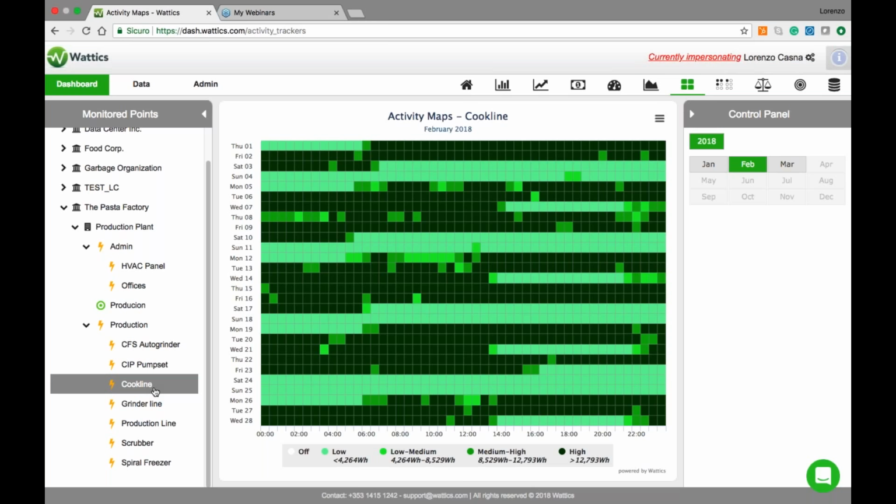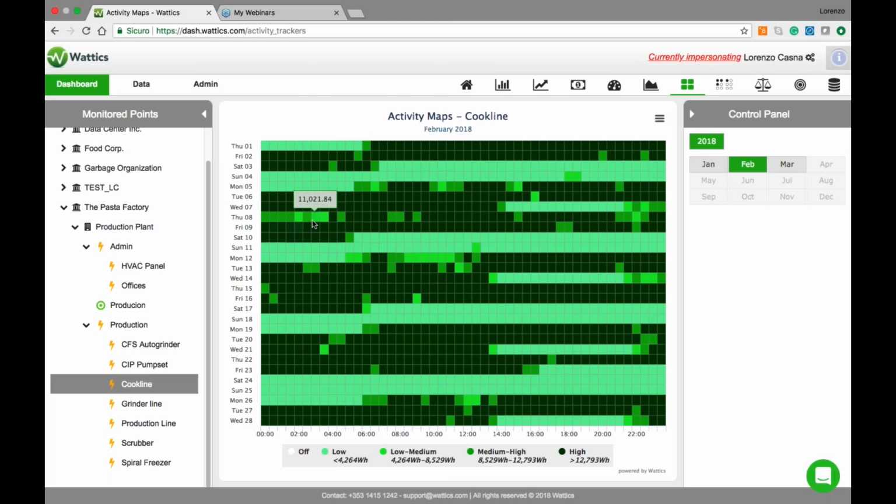So here actually there should be nothing. The ovens should not be working during the night. But here, as you can see, the consumption is very high also when people are not there. So this is another meter that we want to keep monitored.